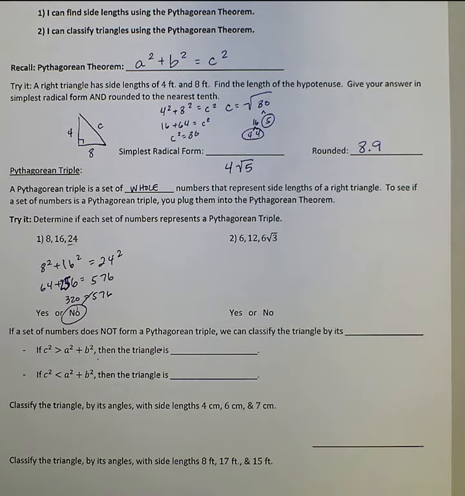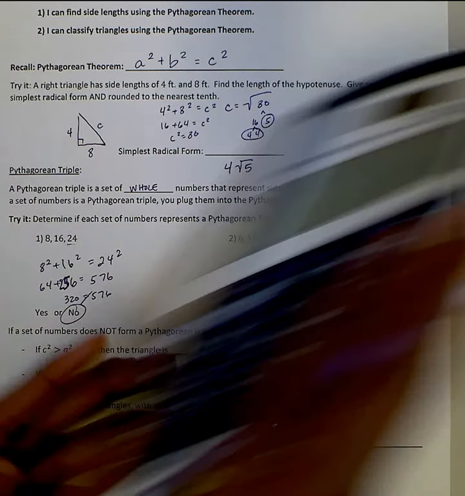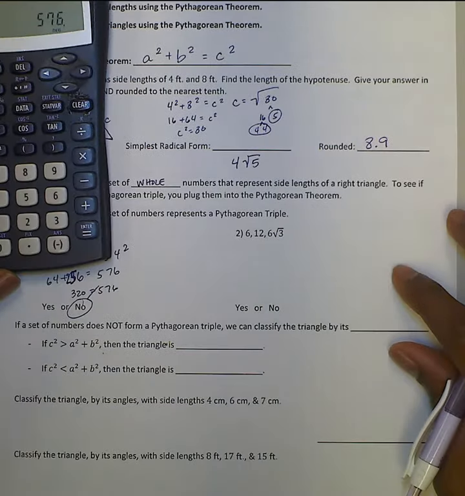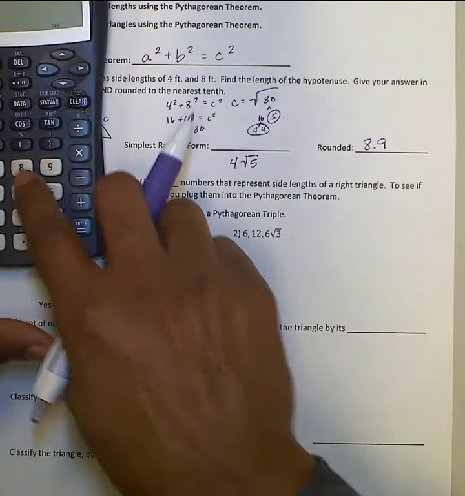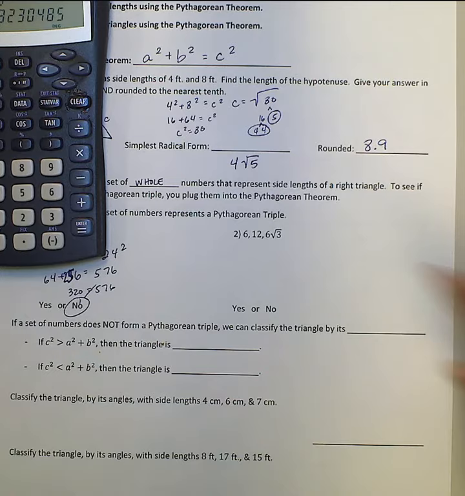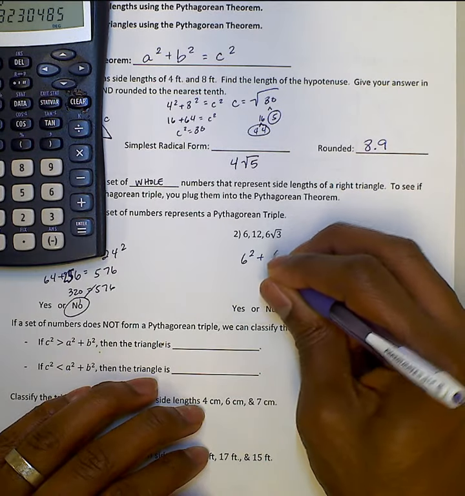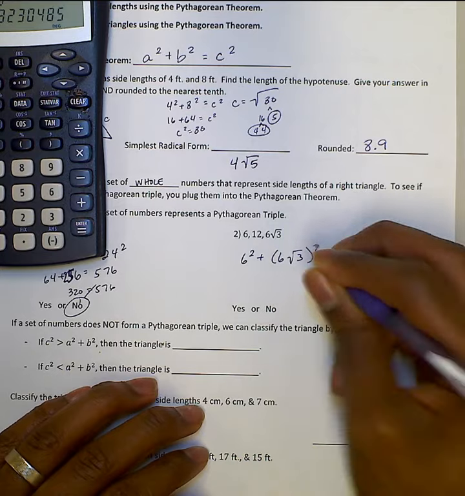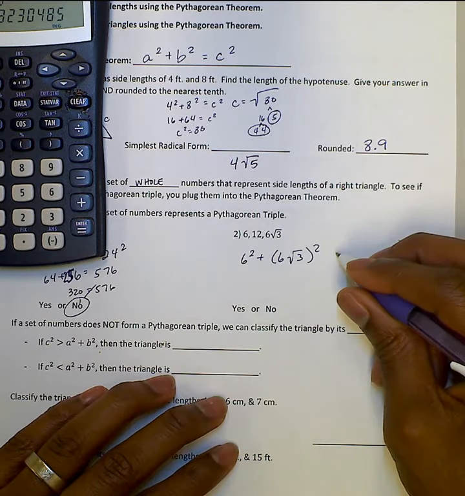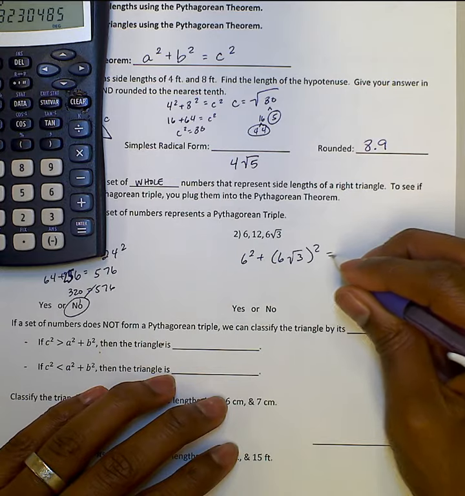Determine if this is a Pythagorean triple. 6, 6 radical 3, 12. In this case, I don't really know what 6 radical 3 is, but I think it has to be less than 12, and it is. So I'd say 6 squared plus 6 radical 3 squared equals 12 squared.